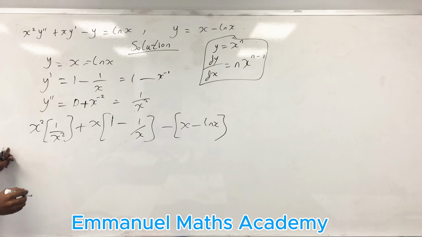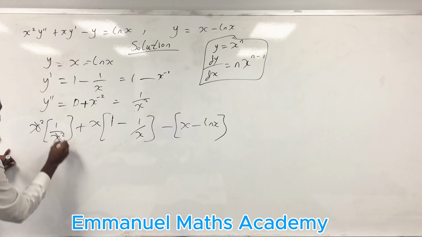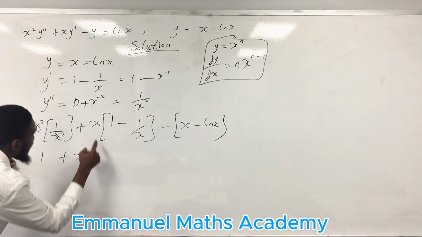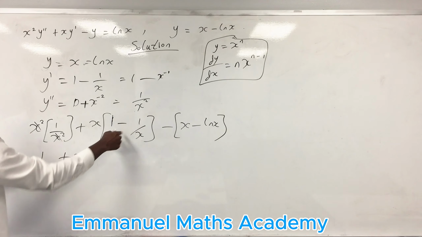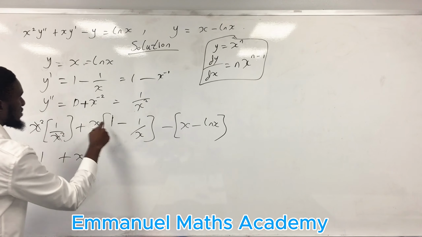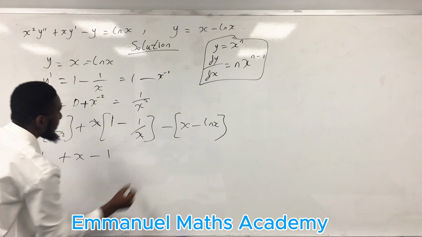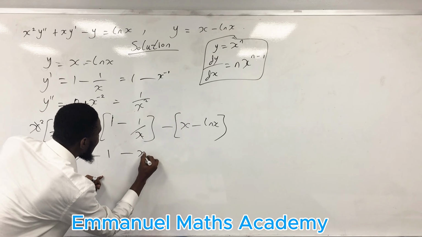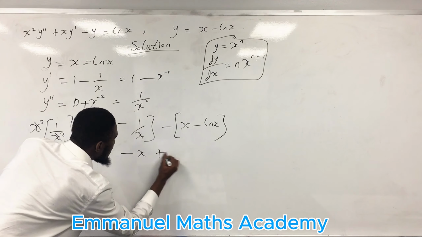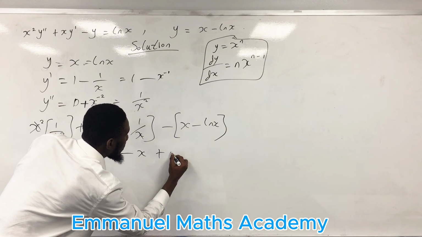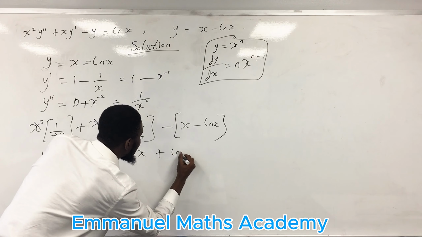So we simplify further. If we simplify further, we have what? This will cancel this. We have 1 plus x. This will distribute into this minus. This will cancel this. We have what? 1, right? Minus x plus, because minus times minus will give you plus, ln x.